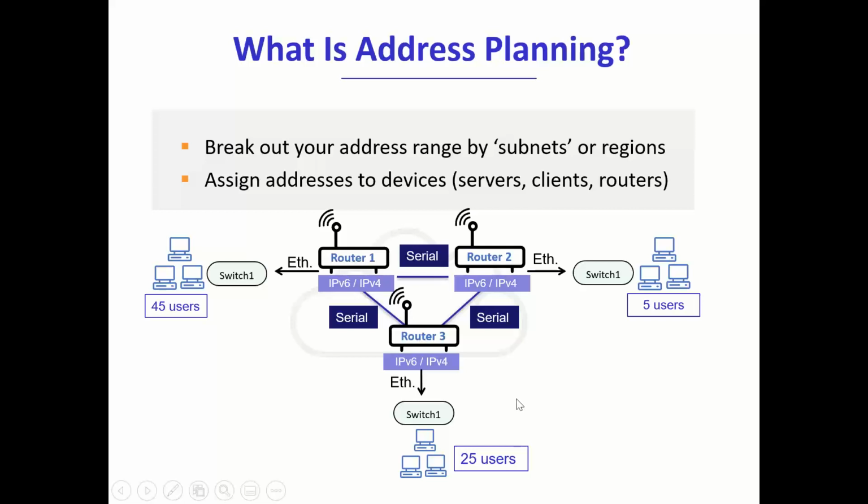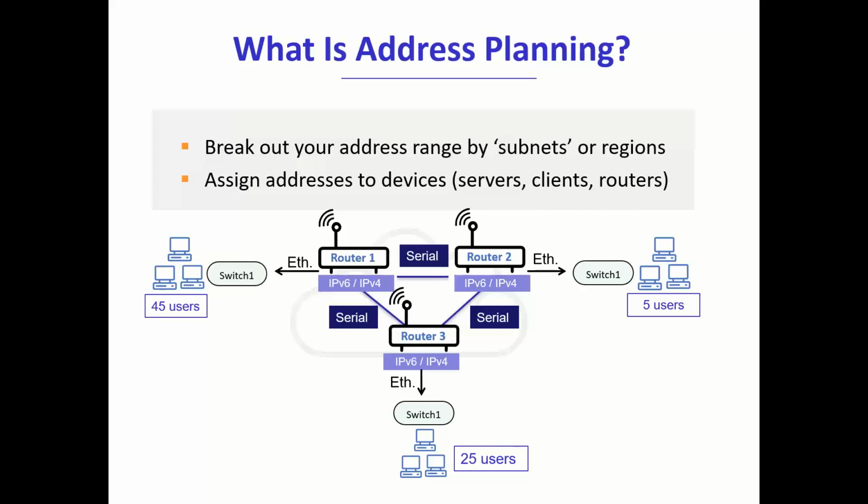So what is address planning? Well, address planning is really how am I going to take whatever address range that I have and divide it up amongst my users. What am I going to assign to my servers? What am I going to assign to my routers? And is it going to be a static address?